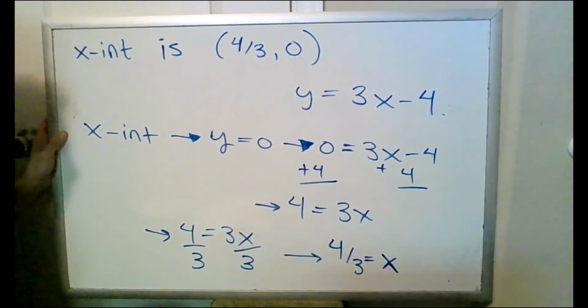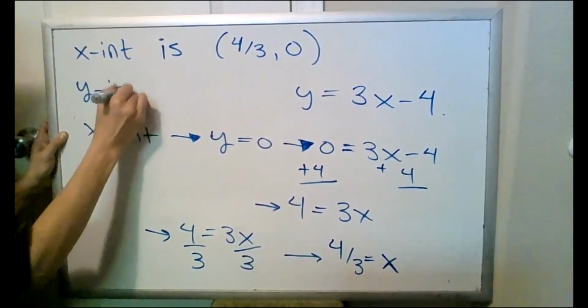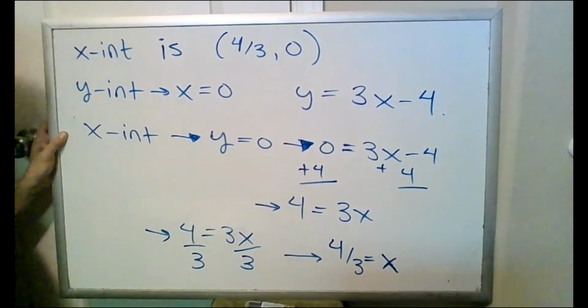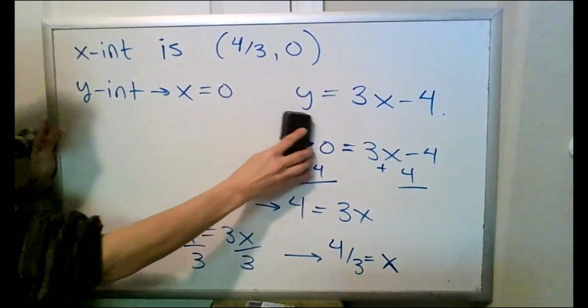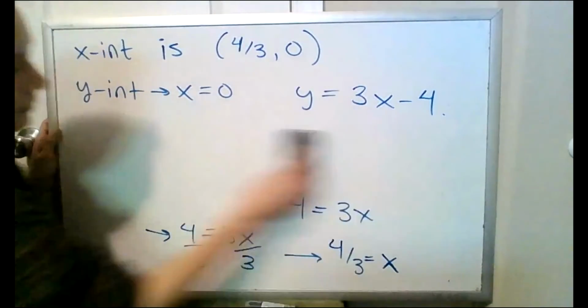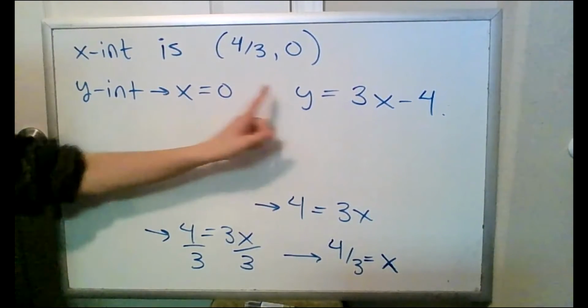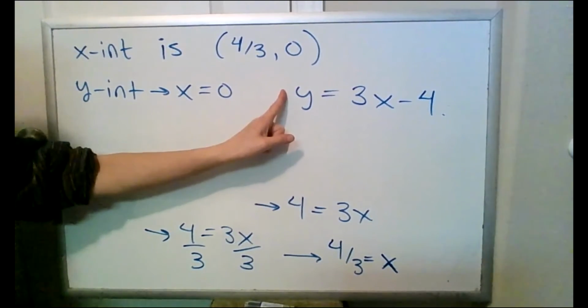To get your y-intercept, you put x equal to 0. Still using this equation, I've got y equal to 3 times 0 minus 4.